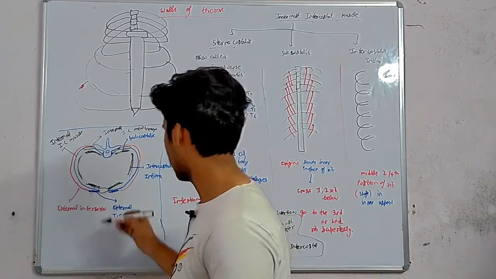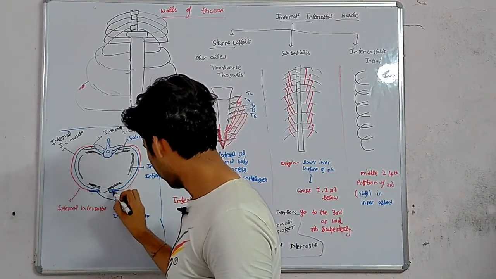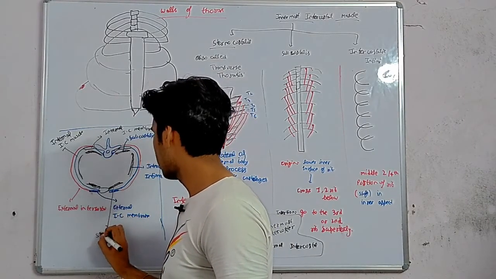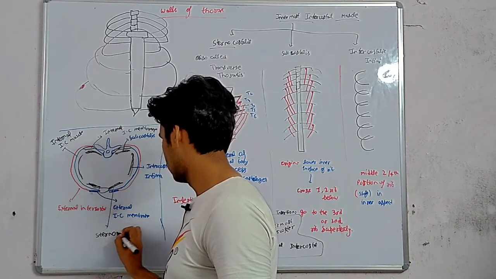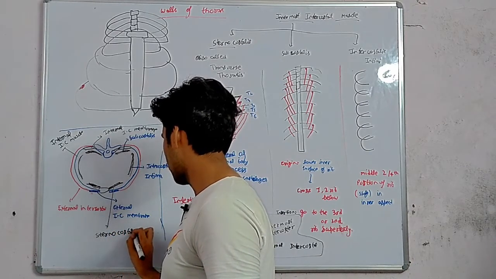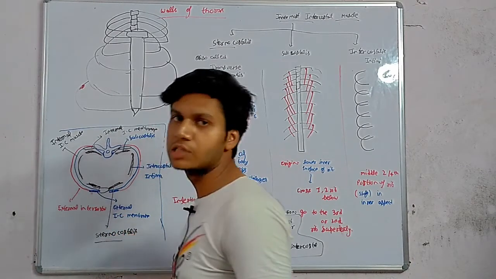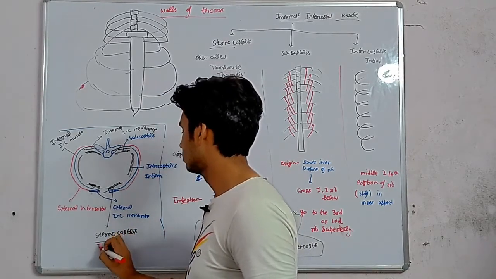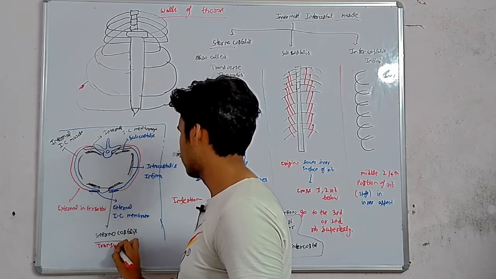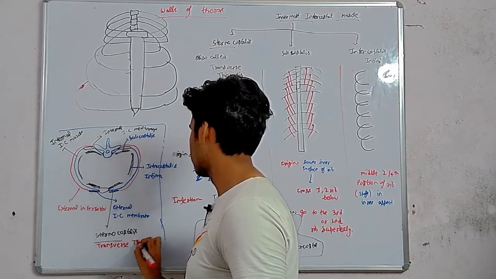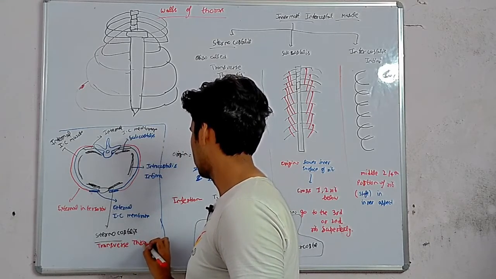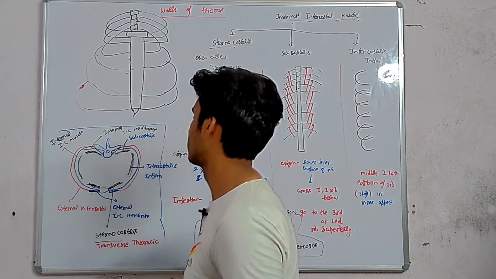And the last, this is the sternocostalis or transversus thoracis muscle, the transverse thoracic muscle.